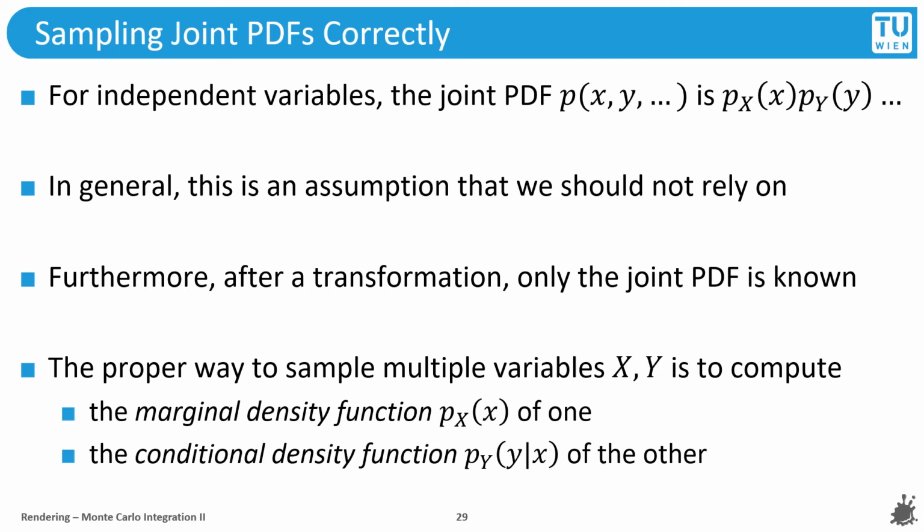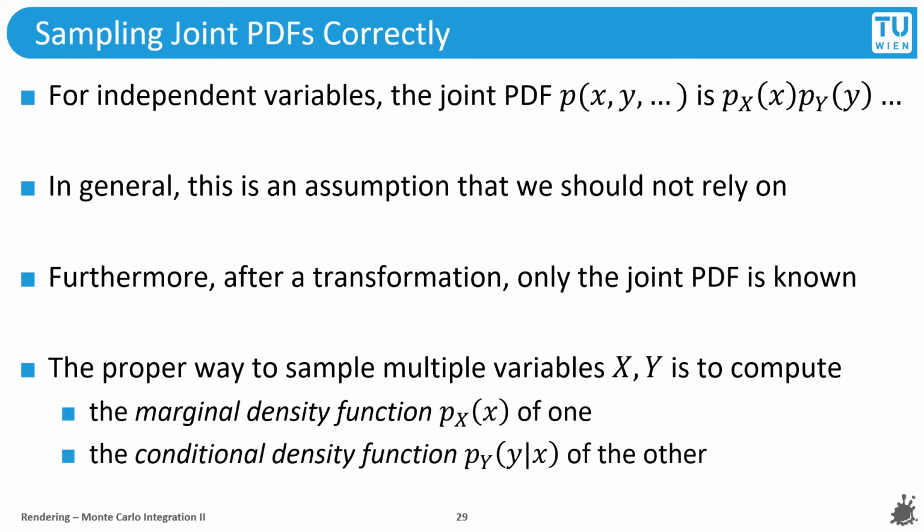In the case of two variables and given their joint PDF, we can do this as follows. We first compute the marginal density function of one of the variables and then the conditional density function of the other. We will use these marginal and conditional density functions instead of the PDFs for individual variables last time, because that is only guaranteed to work if they are independent.